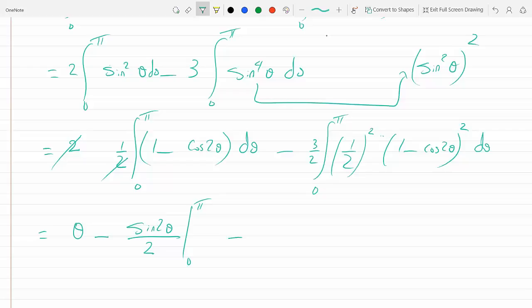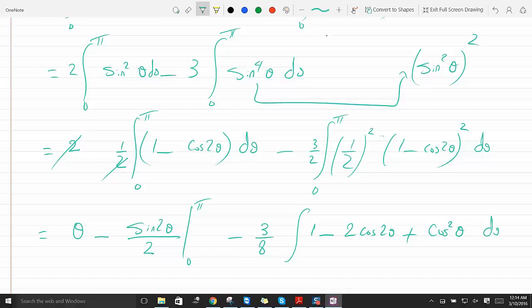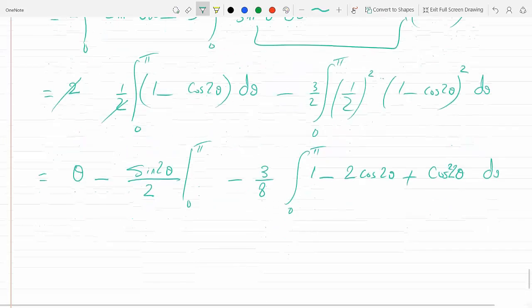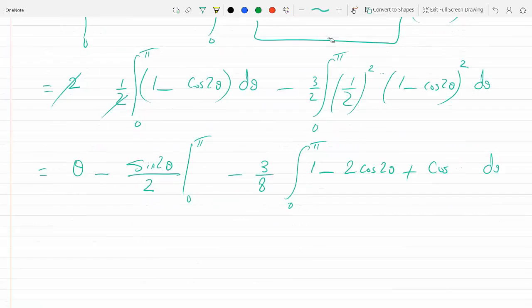Here, we're going to have to FOIL it. So this is going to become 3 over 8, is 2 squared, yeah? And then we're going to get 1 minus 2 cosine 2 theta, which both these are simple, but then we're going to get again a cosine squared 2 theta. So we're going to go back and reduce this guy to a power 1, just like we did up there.